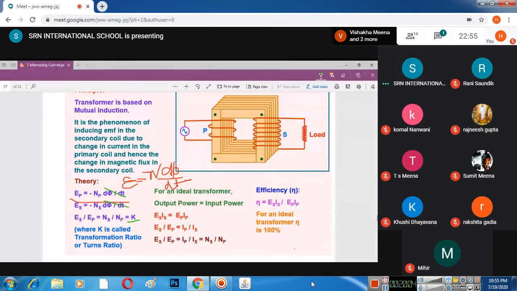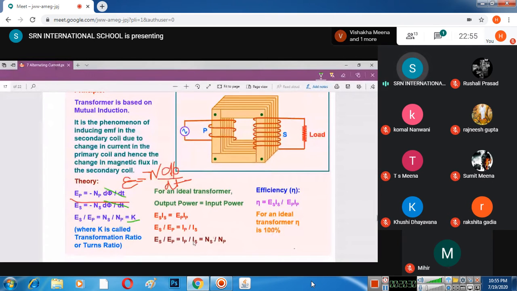See, the ratio of potentials ES divided by EP is equal to IP divided by IS. We are talking about ideal transformers when there is no loss of power. Is it clear? This ratio is the transformation ratio or turn ratio, which categorizes the transformers.